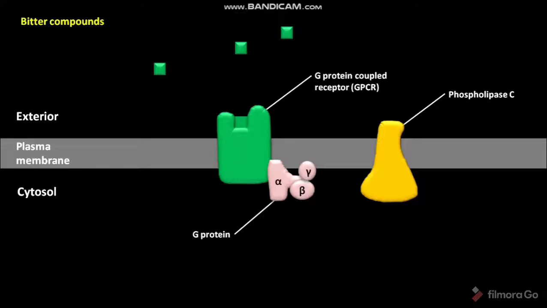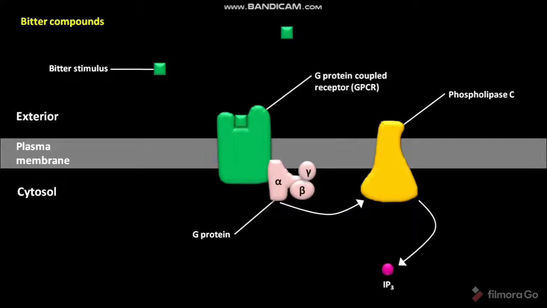During the detection process, first of all, the bitter stimulus present exterior to the taste cell binds to the GPCR. The G protein coupled to the GPCR then activates phospholipase C. The phospholipase C then catalyzes a biochemical reaction in which IP3 and other products are produced.